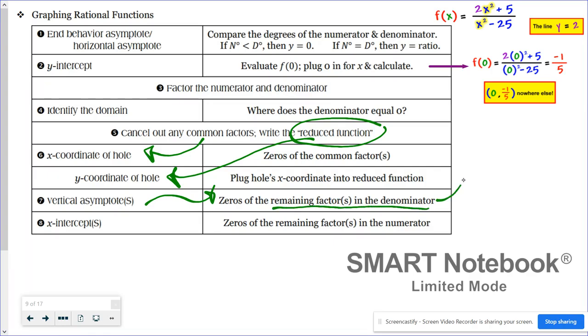So we're talking about what's in the reduced function. And the x-intercepts are going to be the zeros of the remaining factors in the numerator. Just take it step by step, and eventually these are going to become really easy. It's just at first it's kind of intimidating because there are 8 steps here, right?